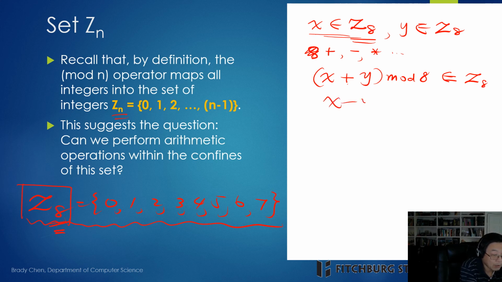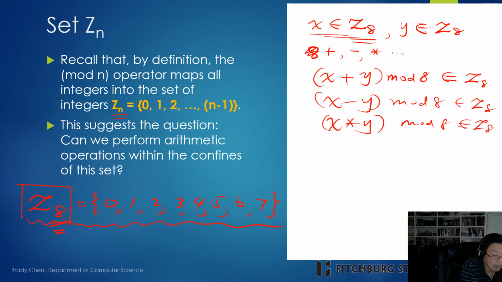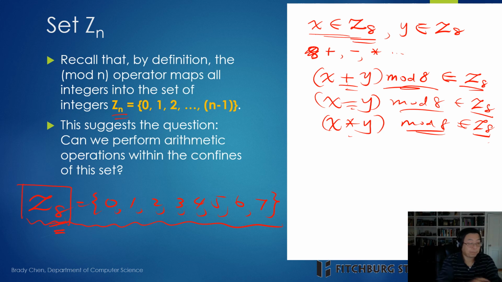So x minus y modulo 8, hopefully it's still in Z8. x times y modulo 8, which is still within Z8. That means all these operations under modulo 8 are confined in Z8.